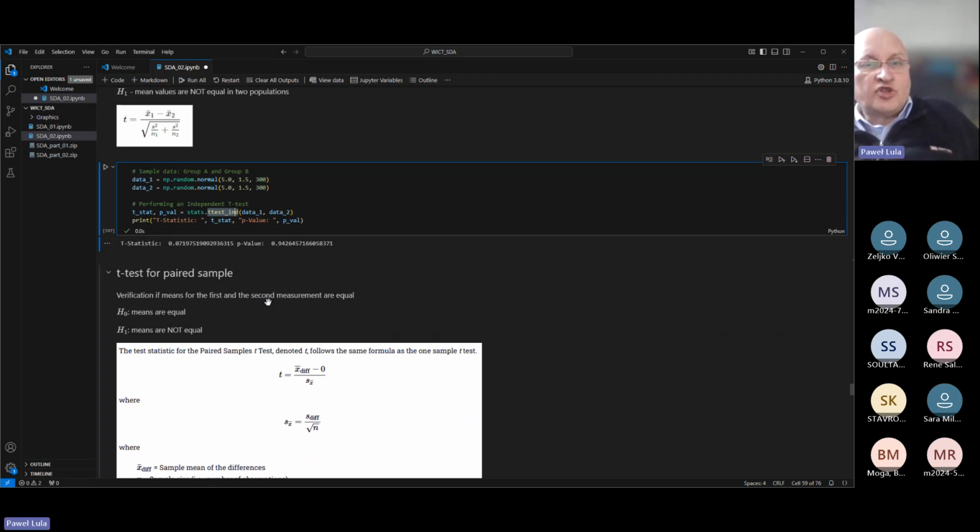And we want to check if there is a difference between these two observations. When we are talking about medical treatment, if there is a difference, it means that this treatment has an impact on this feature which we analyze.